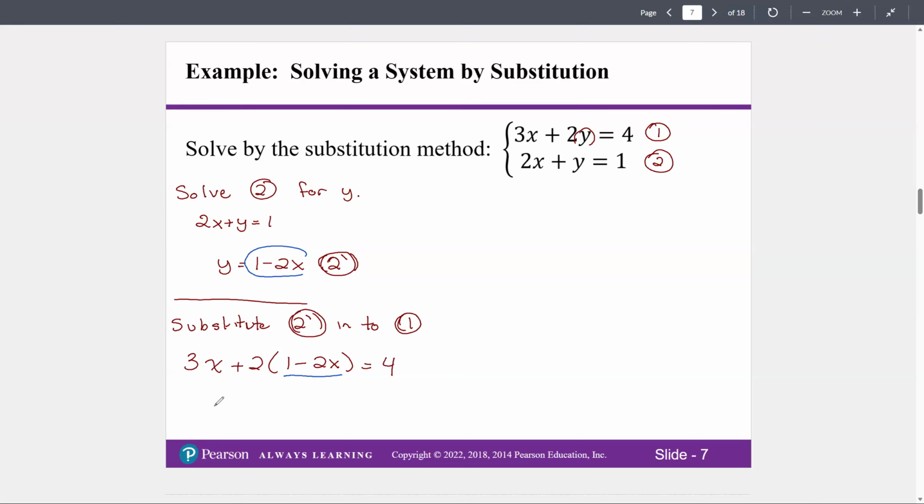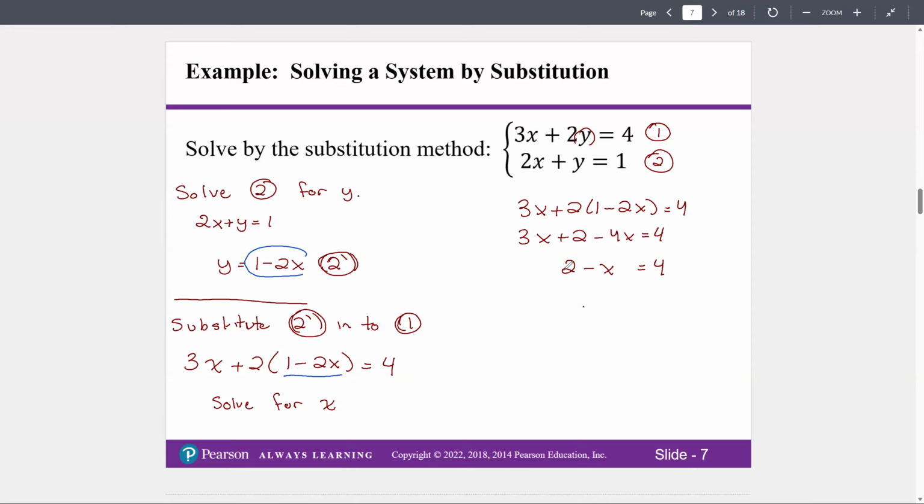So now we're just going to solve for x. So we have 3x plus 2 times 1 minus 2x equals 4. So that is going to be 3x plus 2 minus 4x equals 4. If we simplify this, it is going to be 2 minus x equals 4.